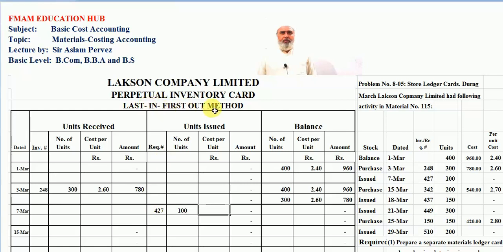This is the last in first out method. Now we have to take the units from the last purchase. This is the 300 units. Now we pick out 100 units from 300 units here. The rate is 2.60 here. Students, this is our issue entry which has been passed in the form of the LIFO method.